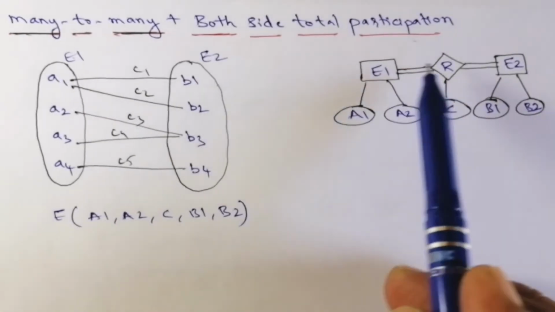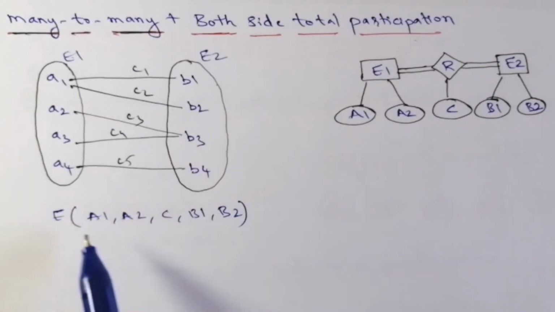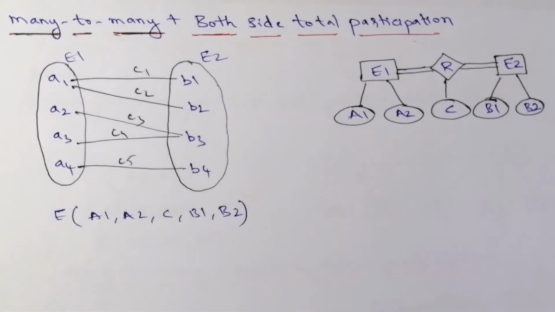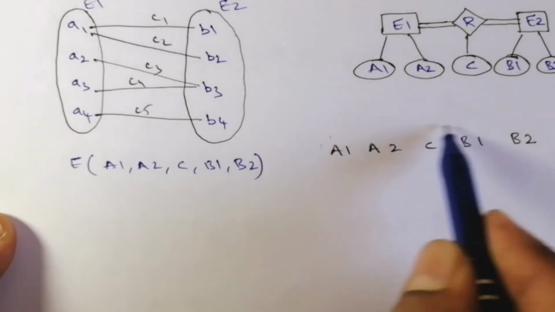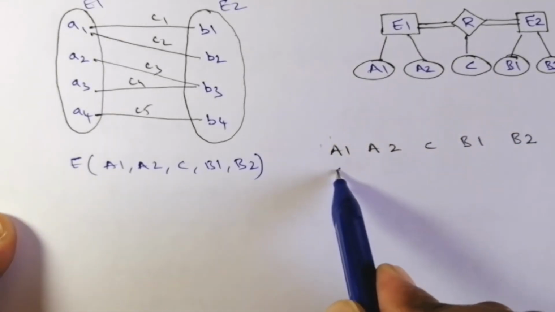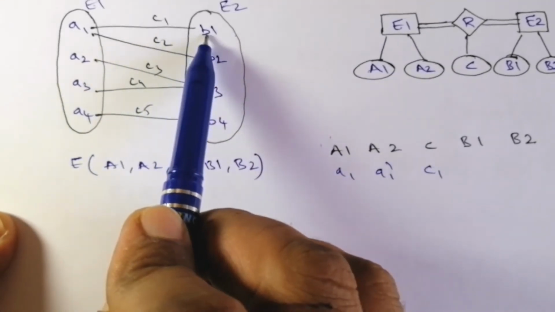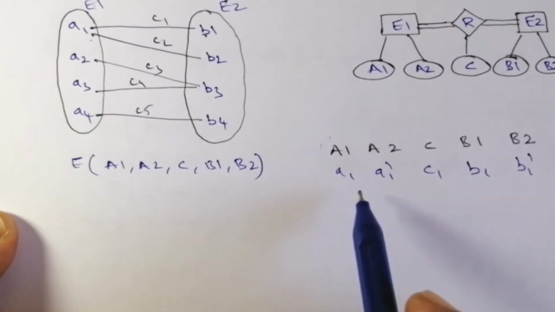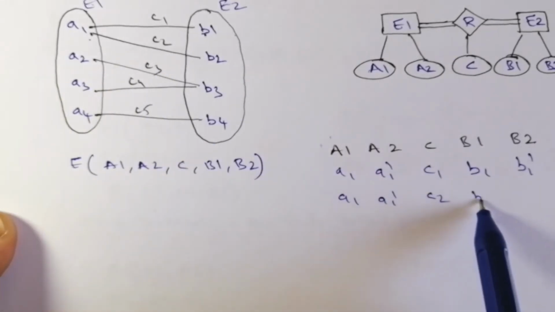For this entity diagram, we are trying to make it into a single relation. So we are going to check for it, right? So the different possibilities are, if you take the complete thing into a single relation, then A1, A1 dash, C1 and B1 and B1 dash. Next is A1, A1 dash, C2, B2 and B2 dash.